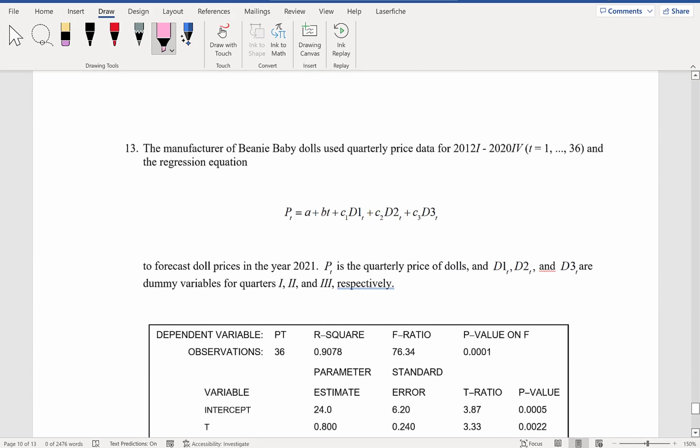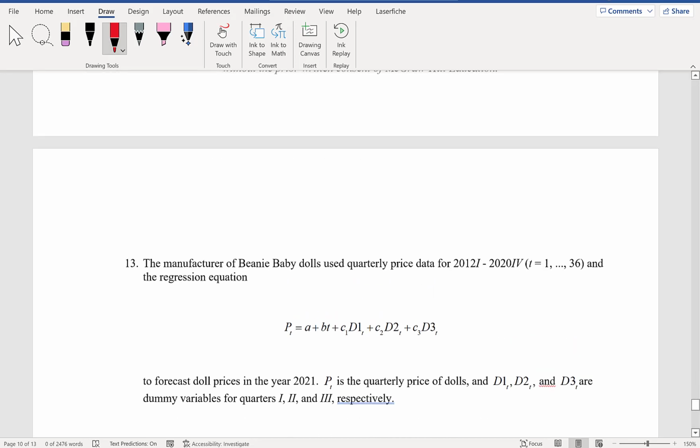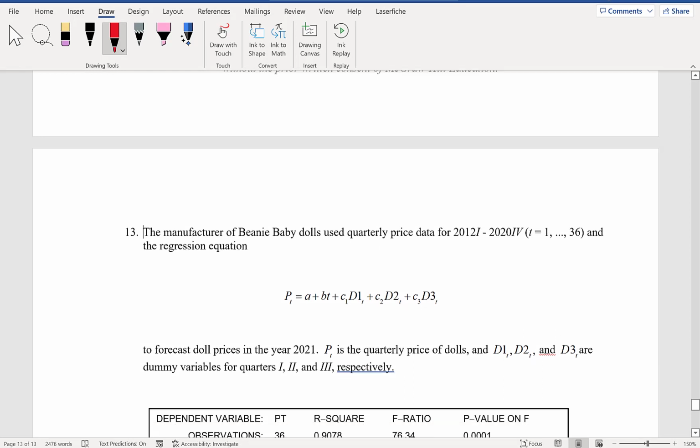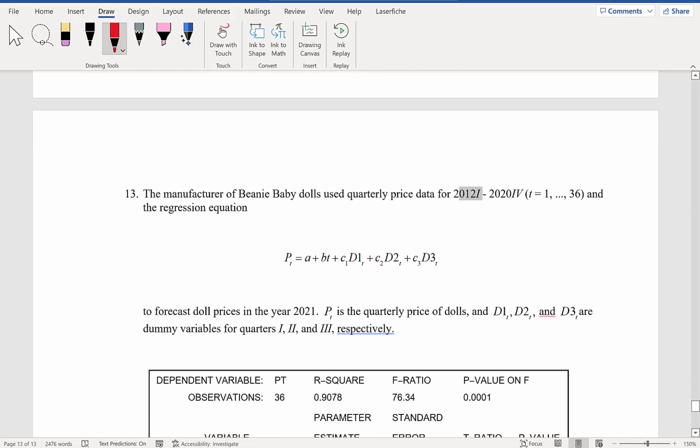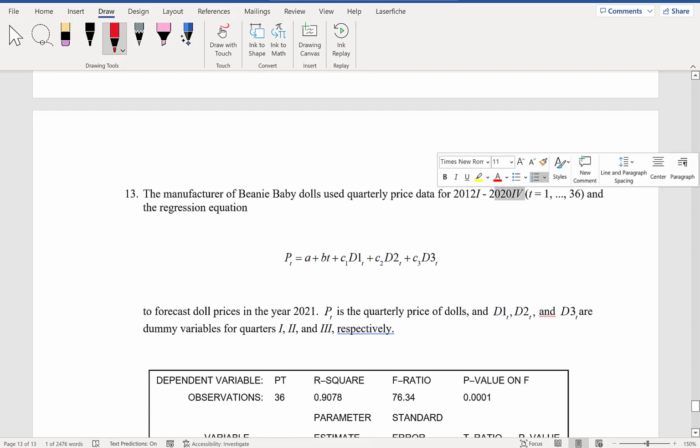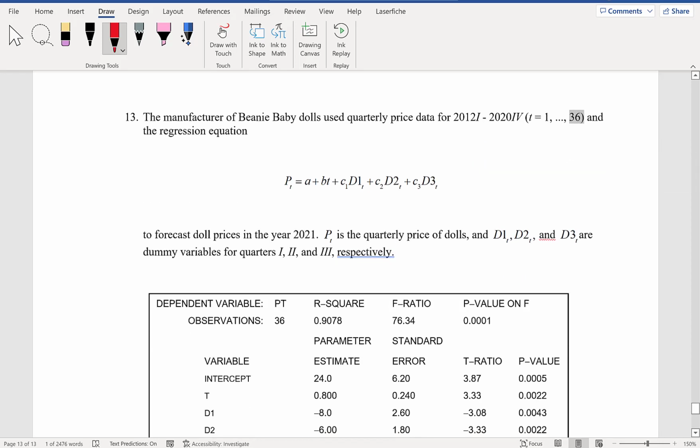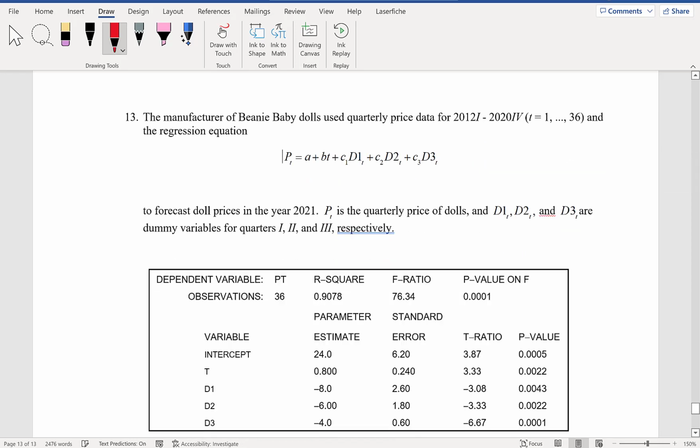Let's also work on this one. This is a different question. Question 13. The manufacturer of Beanie Baby dolls uses quarterly price data. 2012 first quarter was period 1, and 2020 fourth quarter is period 36. They're forecasting doll prices in the year 2021, the next year.